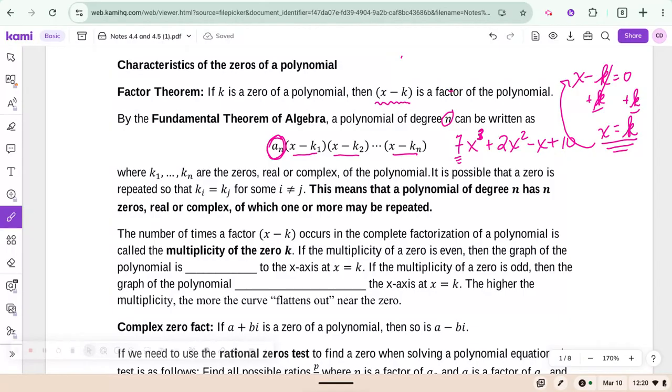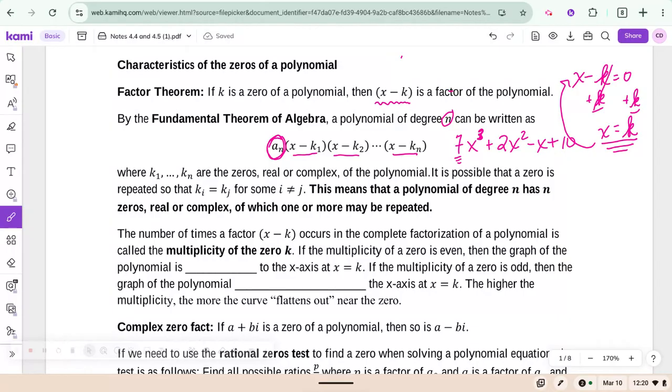So the k's, k sub 1, k sub 2, k sub 3, all the way to k sub whatever, are the zeros. They might be real numbers, they might be complex numbers, and they're all factors or zeros of the polynomial. It is possible that a zero is repeated.